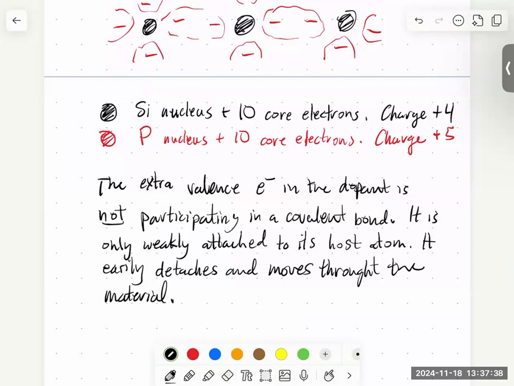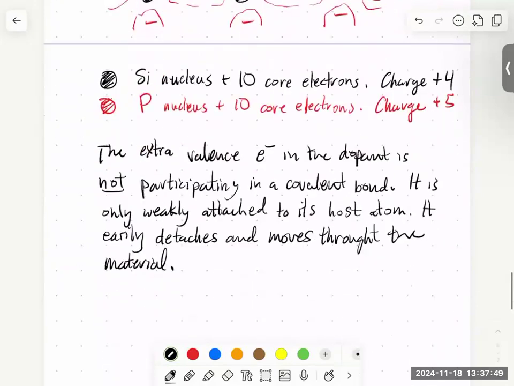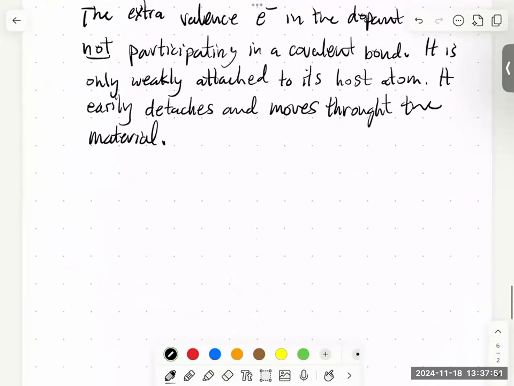We'll draw this picture again, but this time our dopant is going to have only 3 valence electrons. Now you may already be anticipating what's going to happen. Instead of introducing an extra electron, we're going to introduce an electron vacancy, or hole.